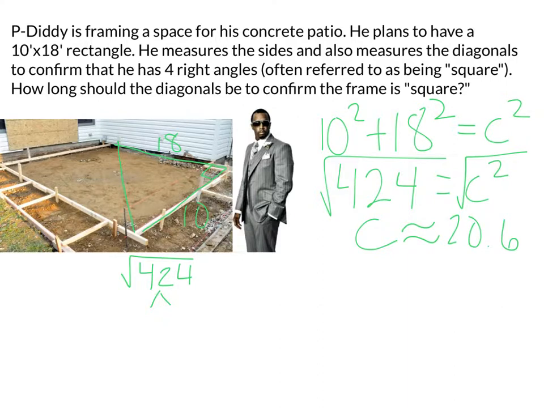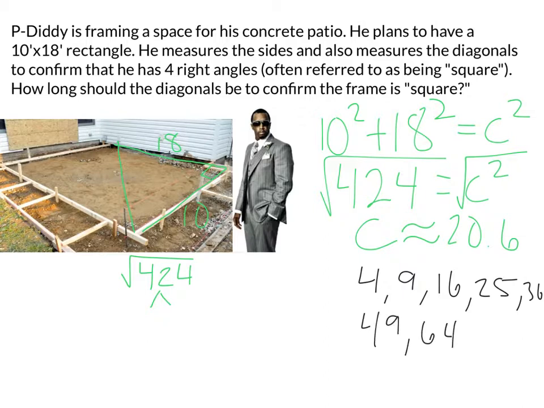So some of my perfect squares would be 4, 9, 16, 25, 36, 49, 64, 81, 100. Okay, let's start with that. And one more, how about 121? Okay.